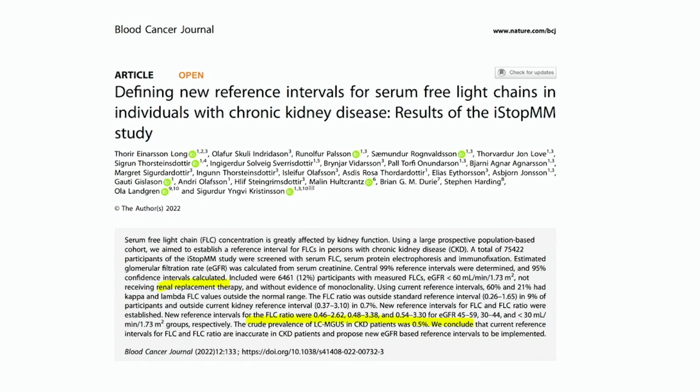So they came up with 3 different reference ranges for serum free light chain based on the estimated GFR in 3 different categories. iSTOP multiple myeloma is one of the largest prospective studies in asymptomatic multiple myeloma. It's a screening study where they included many patients, about 80,000 people actually in the screening program, trying to identify the rate of MGUS and the value of doing a screening program for MGUS in terms of myeloma.